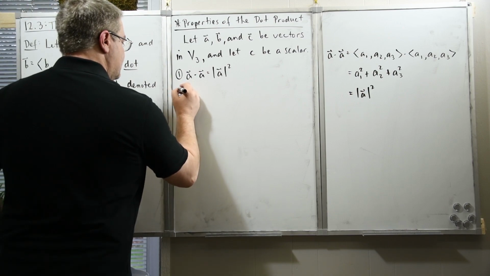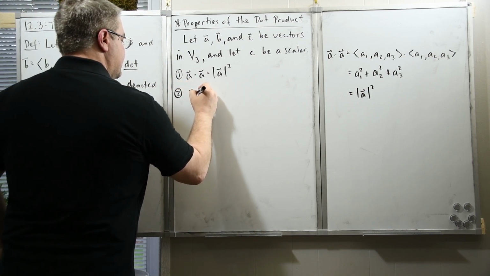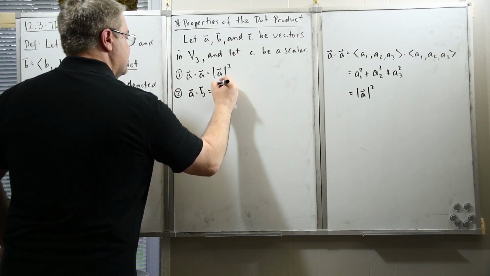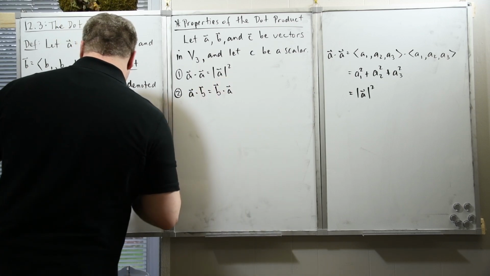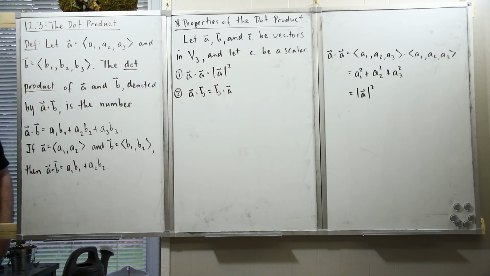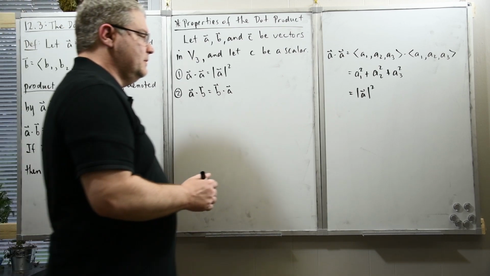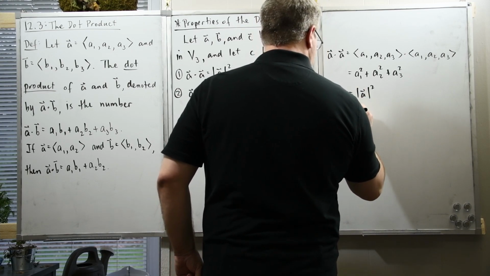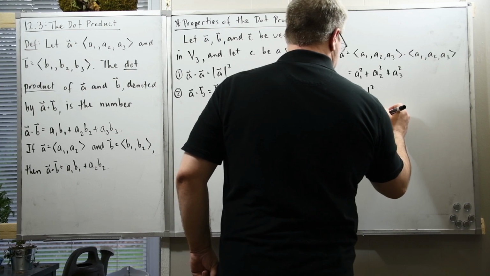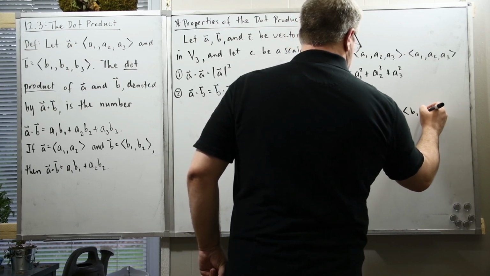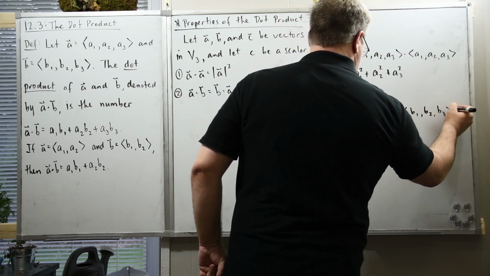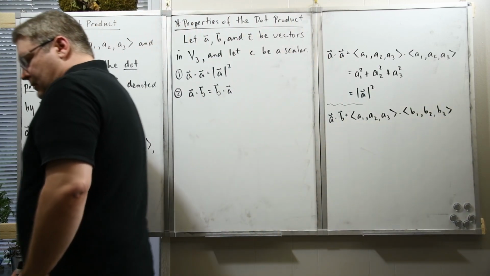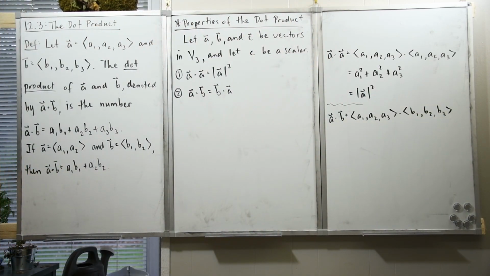Second property is that if we take A dot B, that's the same thing as B dot A. Now we can see this without too much difficulty as well, because we take A dot B, we have this vector of components A1, A2, and A3 dotted with the vector of components B1, B2, and B3.